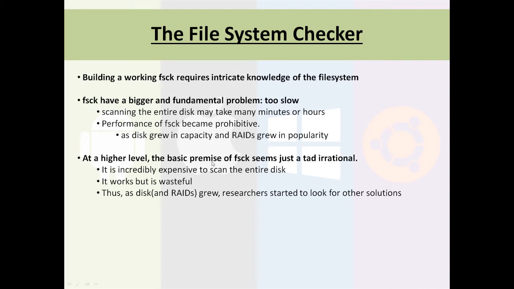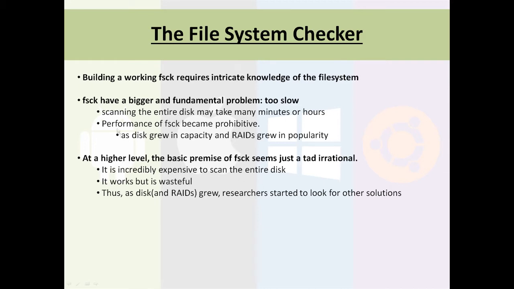The performance of FSCheck became prohibitive as our disks grew in capacity, as well as a result of RAIDs, which is a redundant array of independent disks, a way of combining multiple separate disks into a single logical disk. And because the disk size got a lot bigger, obviously the time taken to scan increased as well.